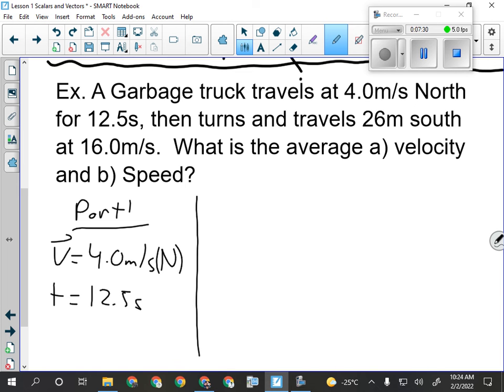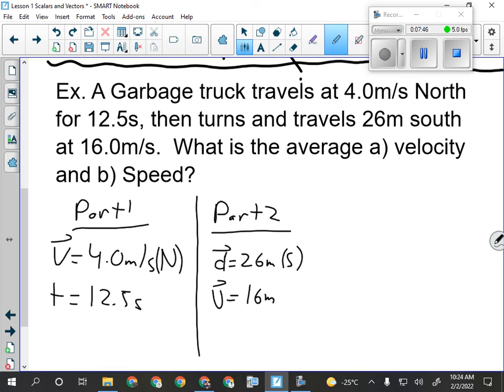Then it tells me that in part 2, it turns around and travels 26 meters south. So they give me the displacement there. And it does that at a velocity of 16 meters per second, which would also be south. It doesn't outright say that, but obviously velocity and displacement have to be in the same direction.